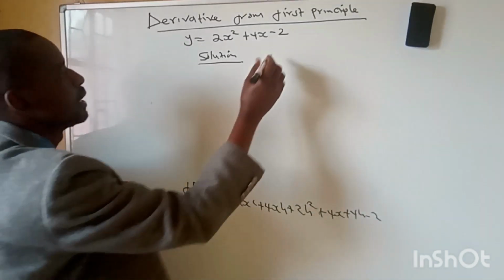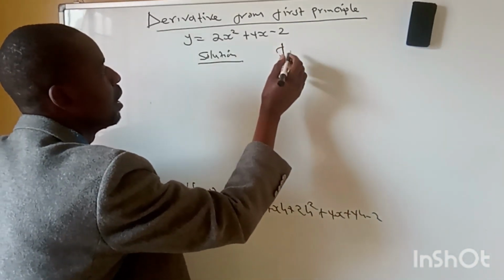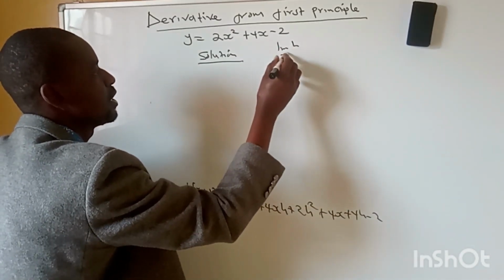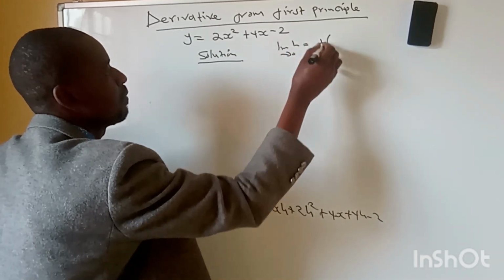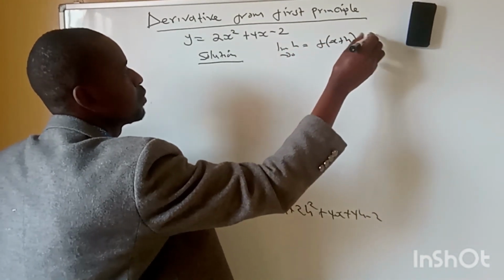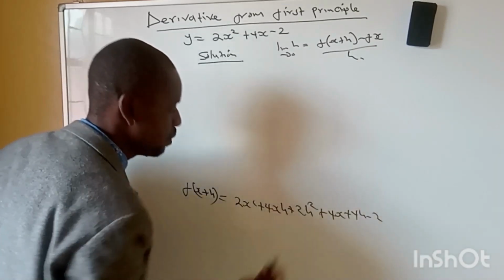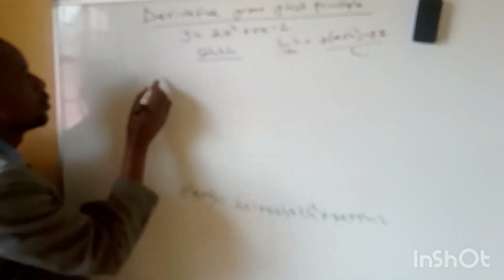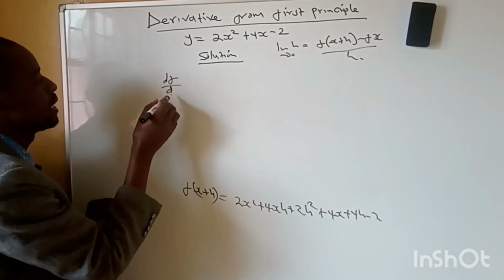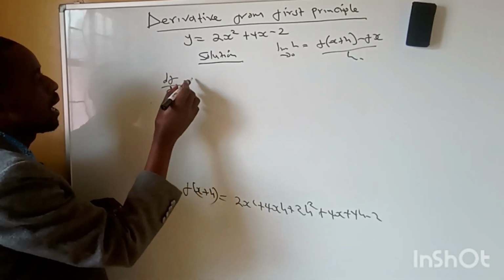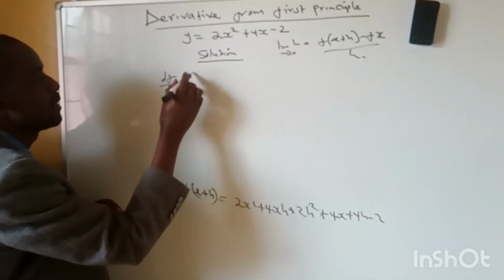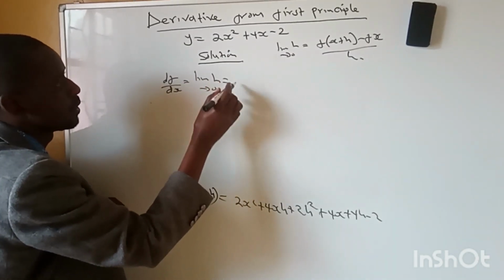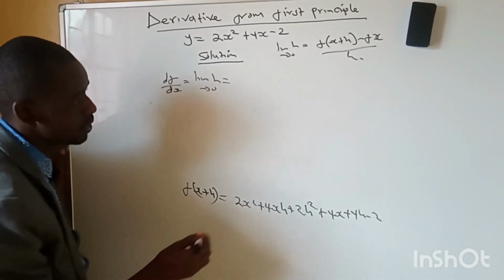We said that df over dx, as the limit h is tending to 0, is f of x plus h minus the function of x, over h. So can we now substitute? Remember this is the function of x plus h, so let's just put it back.